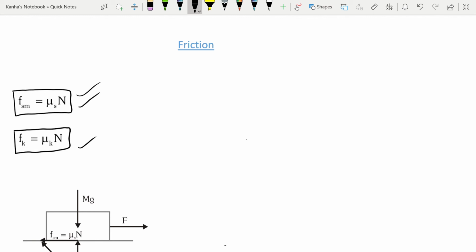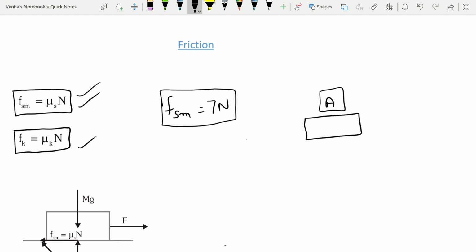For example, if my maximum static frictional force is equal to 7 Newton, that means the two surfaces that are in contact can only afford to apply 7 Newtons worth of force to stop the motion between the bodies. Now I have two blocks A and B. If I apply around 3 Newton here, the frictional force Fs will act and just balance this out.